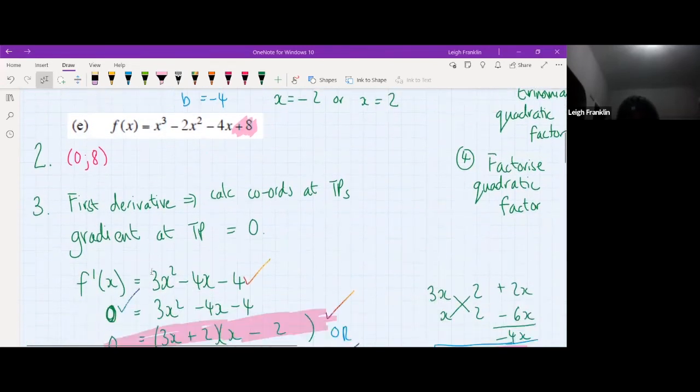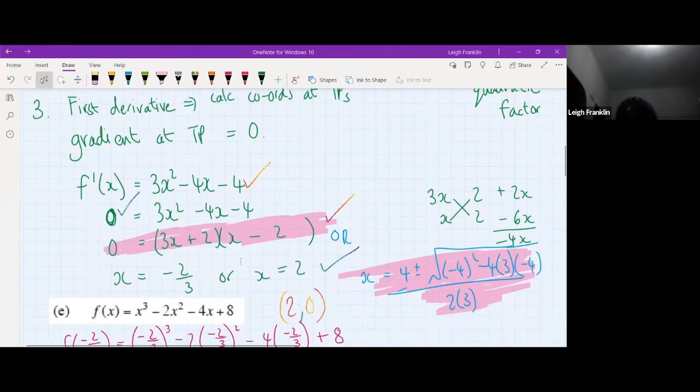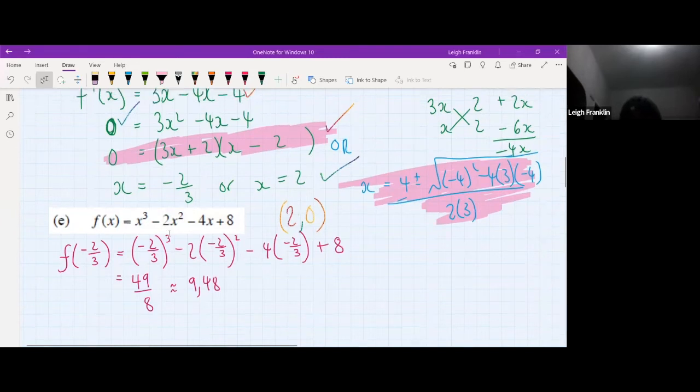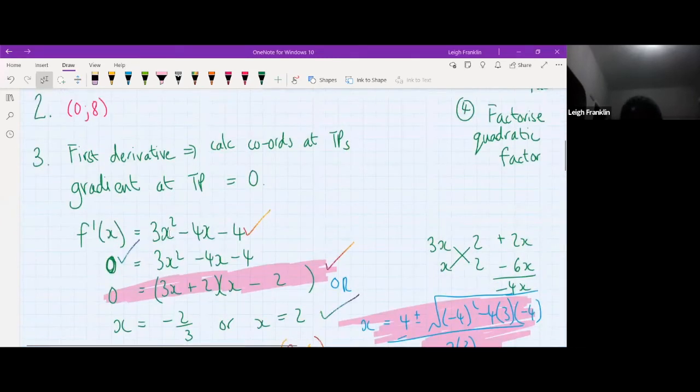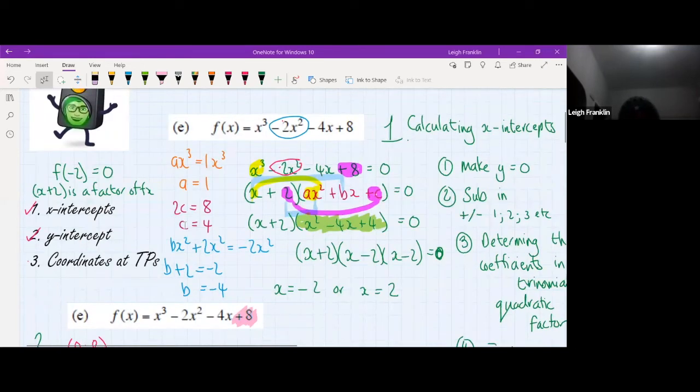And it's the same with you working with the first derivative and determining the coordinates at the turning points. There's at least another 4 marks there as well. Okay, so that's at least a solid 9, maybe 10 marks on the cubic function that you can get, all right, without too much difficulty. That's why I just wanted to practice this again with you, and I hope you found this useful.